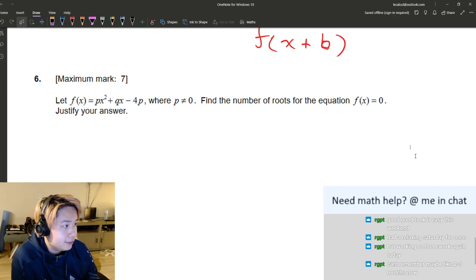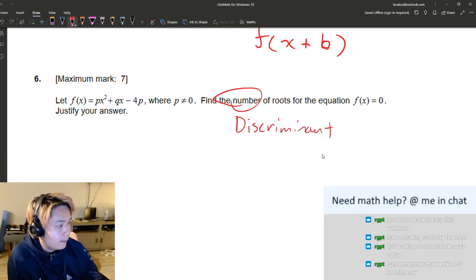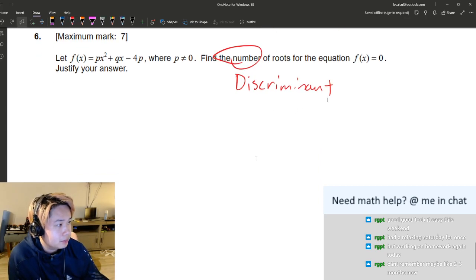Okay, what do we have? We have a polynomial, well, a quadratic, and then you need to find the number of roots. So we're not actually trying to find out what the roots are themselves, we're just finding out how many there are. So we check the discriminant, because that will tell us.